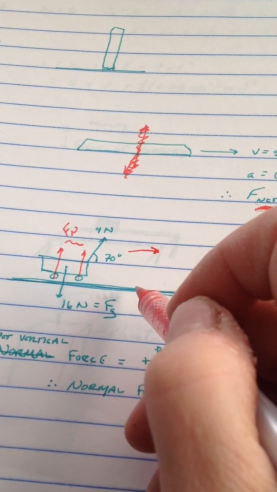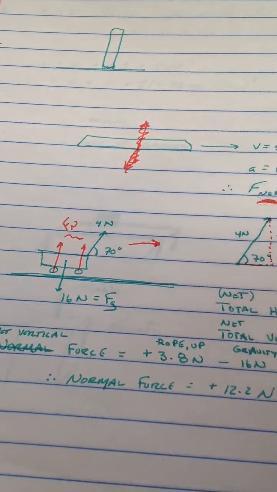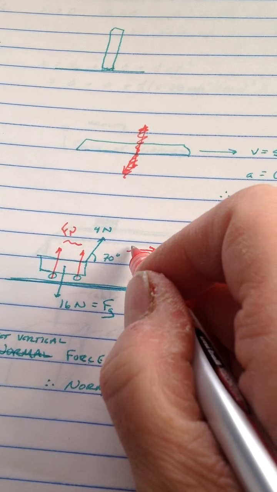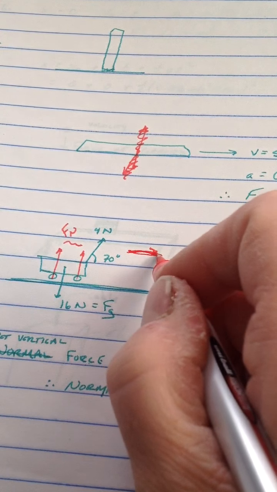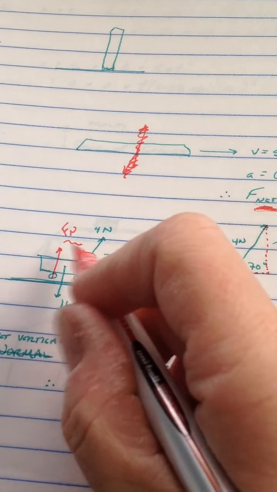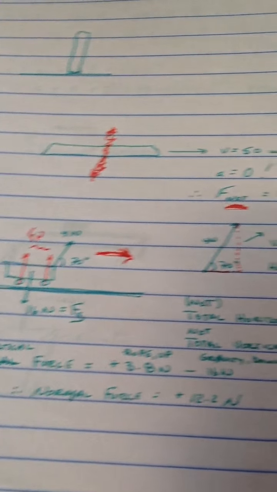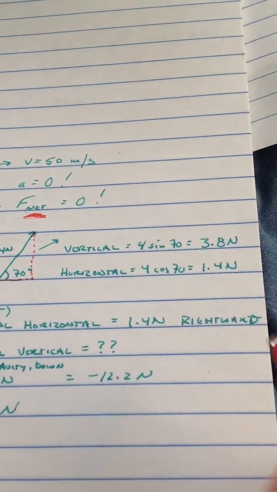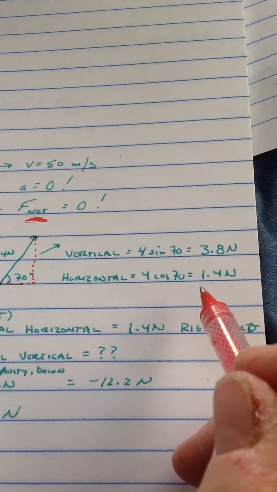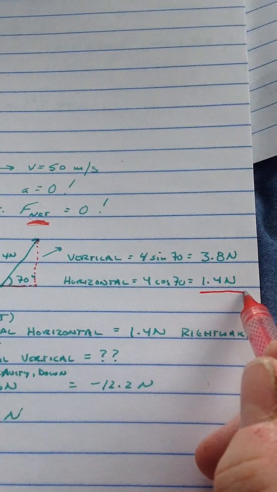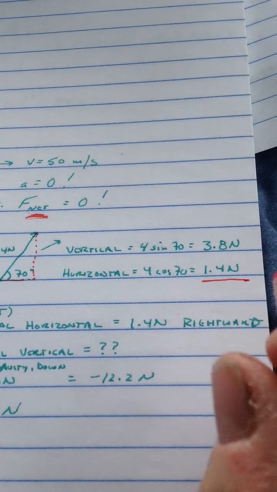We agree that the wagon is going to move in the horizontal direction. The wagon is moving in a horizontal direction due to a net horizontal force of 1.4 newtons.